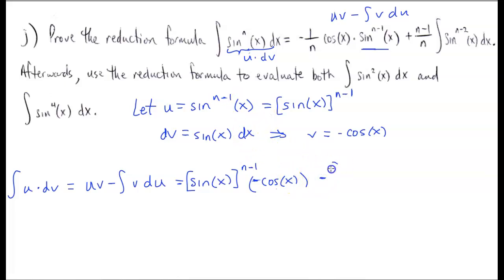And this will be minus the integral of our v again, which is minus cosine of x. And now du. So if u is this, then du is going to be, using the chain rule here, n minus 1 times sine of x raised to the n minus 2.